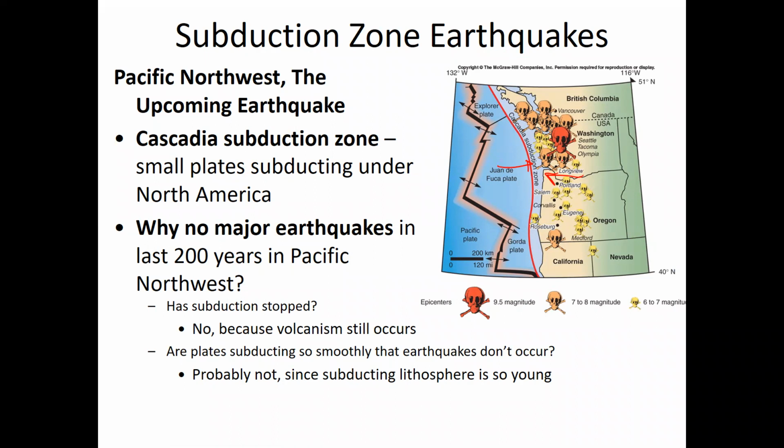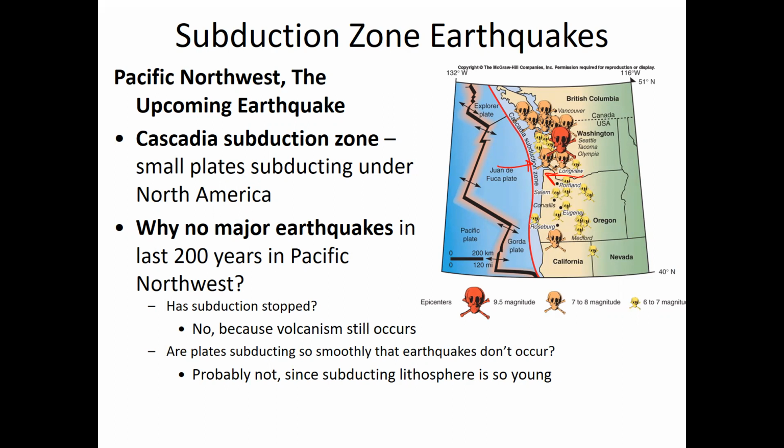And so there have been no major earthquakes in the Pacific Northwest in the last 200 years. So the idea of a large seismic hazard is almost non-existent within the widespread public consciousness, unlike California, right? People think California, earthquakes. People don't necessarily associate Washington State or Oregon with earthquakes.